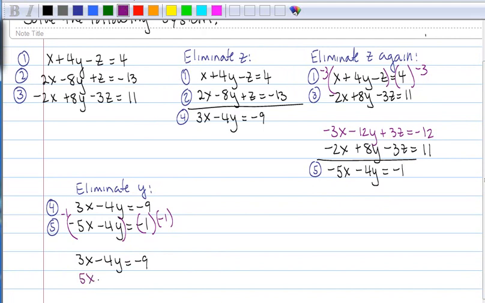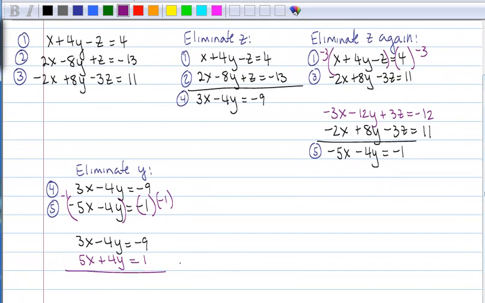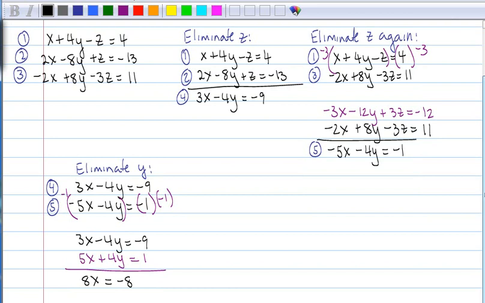Negative 1 times negative 4 is a plus 4y. Negative 1 times negative 1 is a 1. And I'm going to add that together, and I'm going to get an 8x, the y's go away, equal negative 8. Divide both sides by negative 8, and we get x equals negative 1.